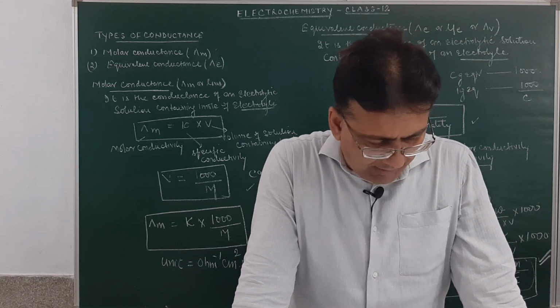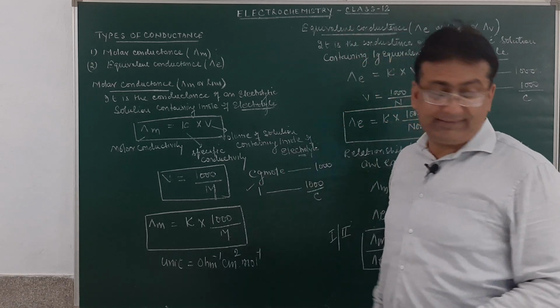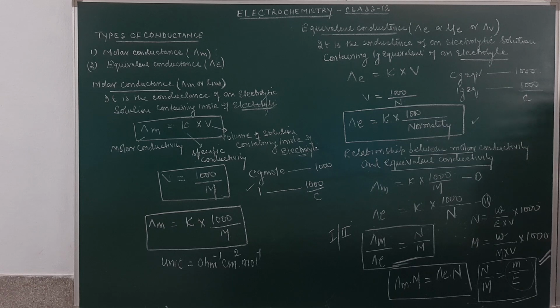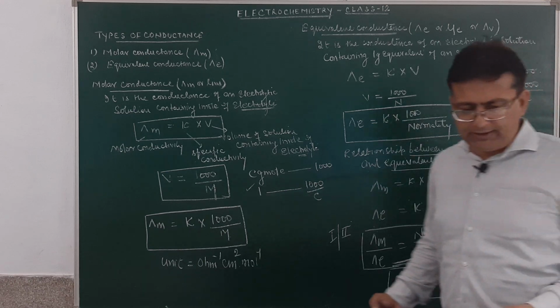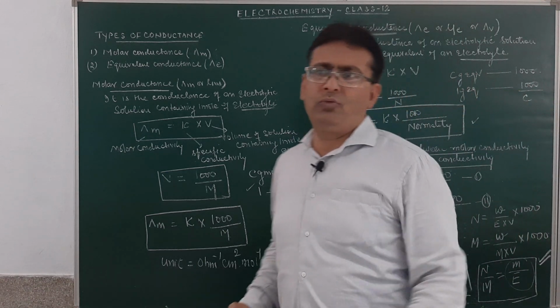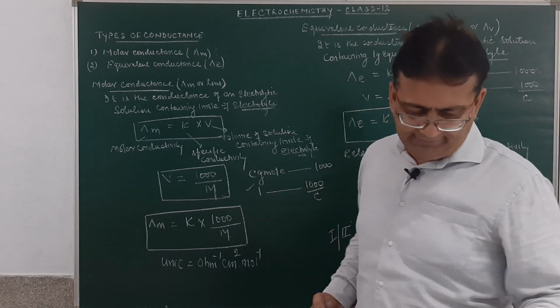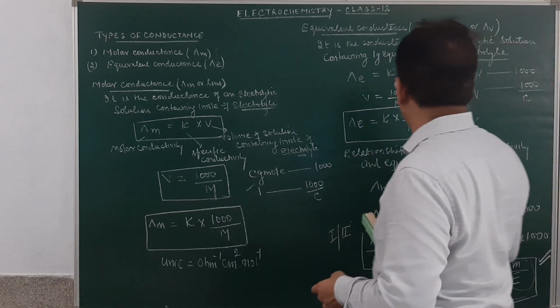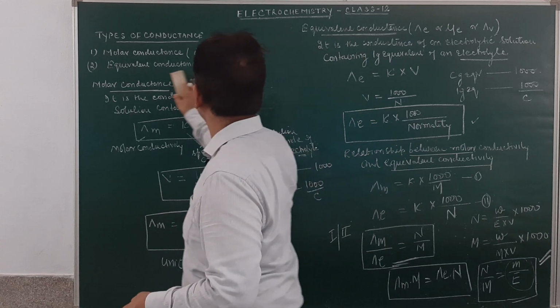Now, if you remember, students, we discussed one topic with you and that was the cell constant. What is the cell constant? I told you yesterday that specific conductance will be equal to conductance multiplied by the cell constant. So, what is a cell constant?